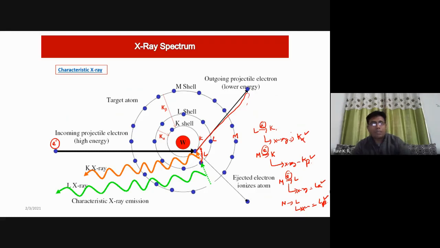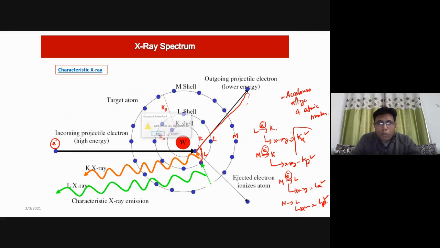What is this all related to? Your accelerating voltage and atomic number. As I told you, K alpha, K beta, L alpha and L beta are all possible. Now let us look at what really happens on this X-ray.